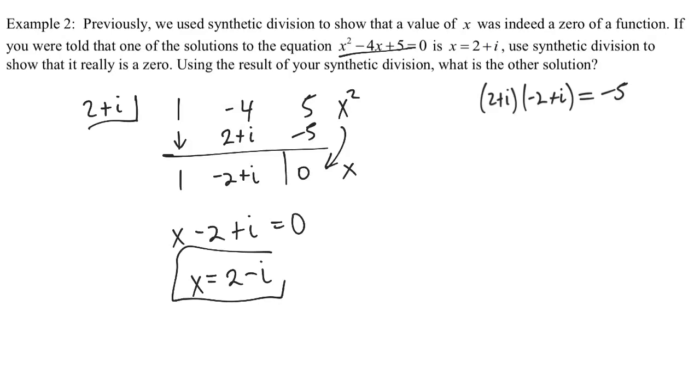And so my other 0 to this quadratic is 2 minus i, which I would love for you to notice, hopefully you already did, that that's the conjugate of the given 0. So synthetic division showed that that given 0 indeed was a 0, and then it beautifully showed that the other 0 was the conjugate pair to the given 0, 2 minus i.